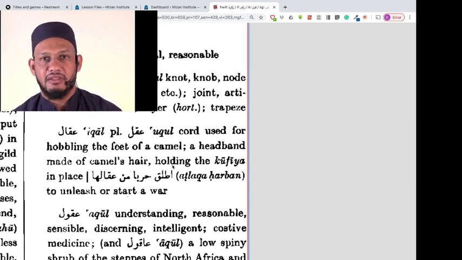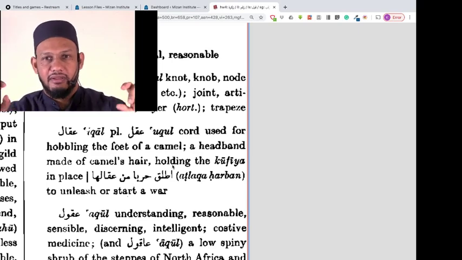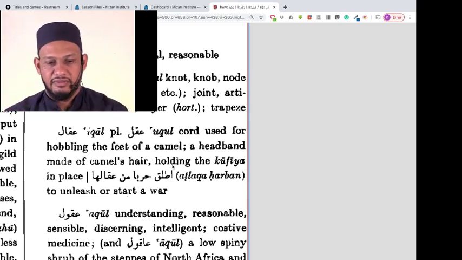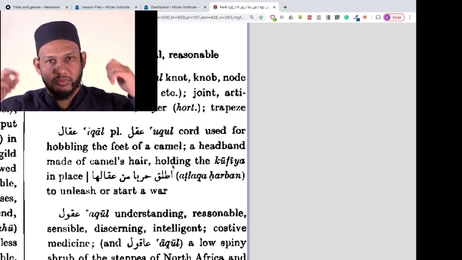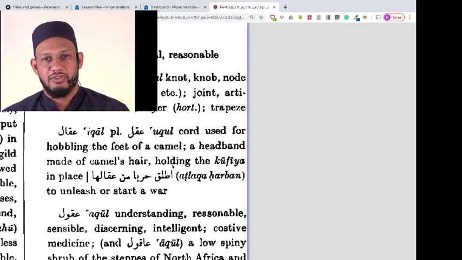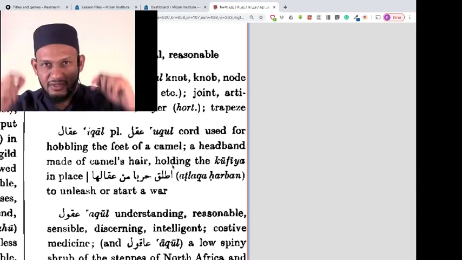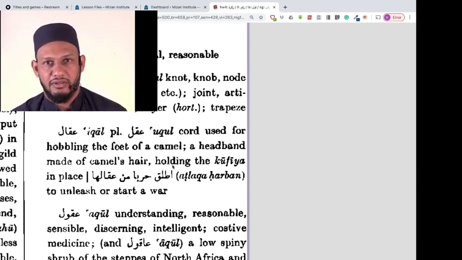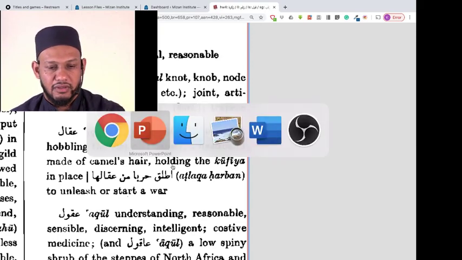So an iqal is a thing that the Arabs wear, the black band that they put on top of the kufiya or scarf. That thing is called an iqal. You'll notice it normally has two bands, because originally, when you parked your camel, you tied its forelegs so the camel can't run away, and if it had to get up and walk, it would struggle and hobble, it will aqala.